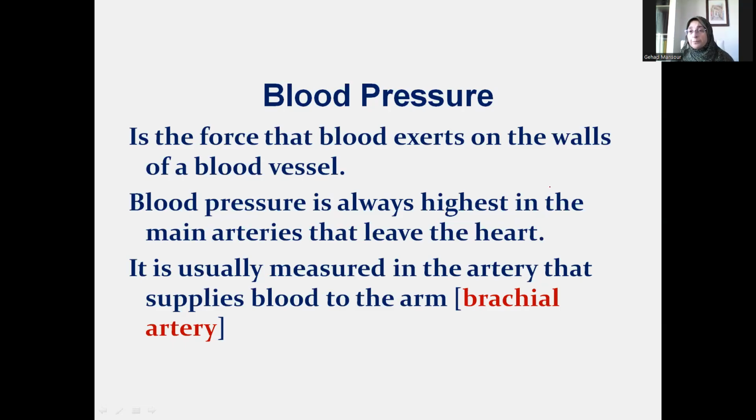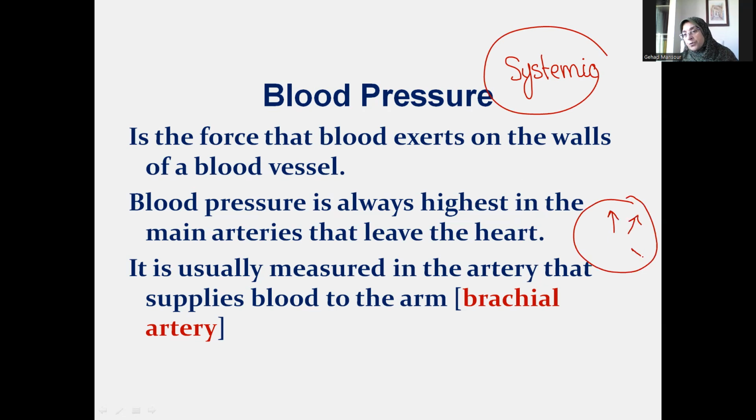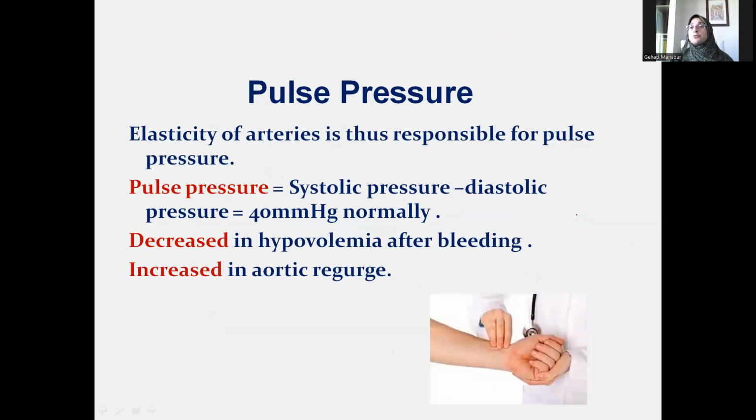And then blood pressure. If you are to define systemic blood pressure, then it is the pressure of the blood on the inner wall of the large arteries that are close to the heart, like the aorta. Of course, we define systemic blood pressure by two numbers, the systolic blood pressure and the diastolic blood pressure.